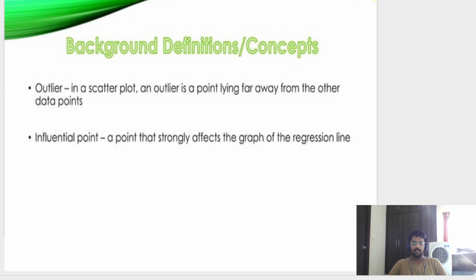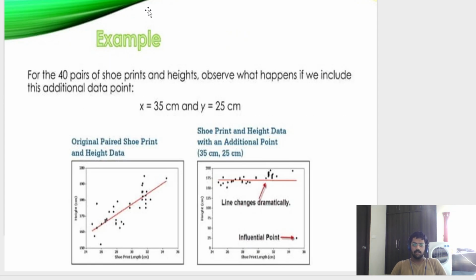Background definitions and concepts. Outlier: in a scatter plot, an outlier is a point lying far away from the other data points, and an influential point is a point that strongly affects the graph of the regression line. Now we'll understand through an example. For the 40 pairs of shoe prints and heights, observe what happens if we include this additional data point: x equal to 35 and y equal to 25 centimeters. Here is the original shoe print and height data, and this is the shoe print and height data with the additional point.